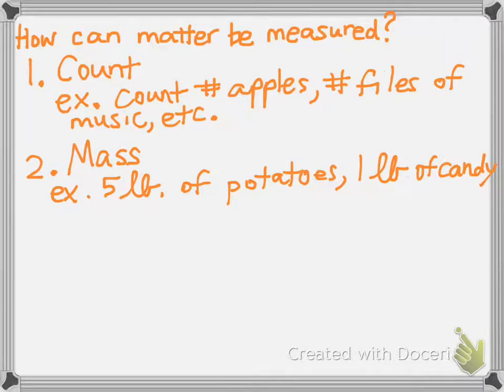Okay, you buy your meat by mass, right? You pay a certain price per pound for your meat, if you can find some right now at the grocery store. Okay, so again, we have 2 ways so far that we can measure matter. We might count the number of items that we have. We might measure those items by mass.